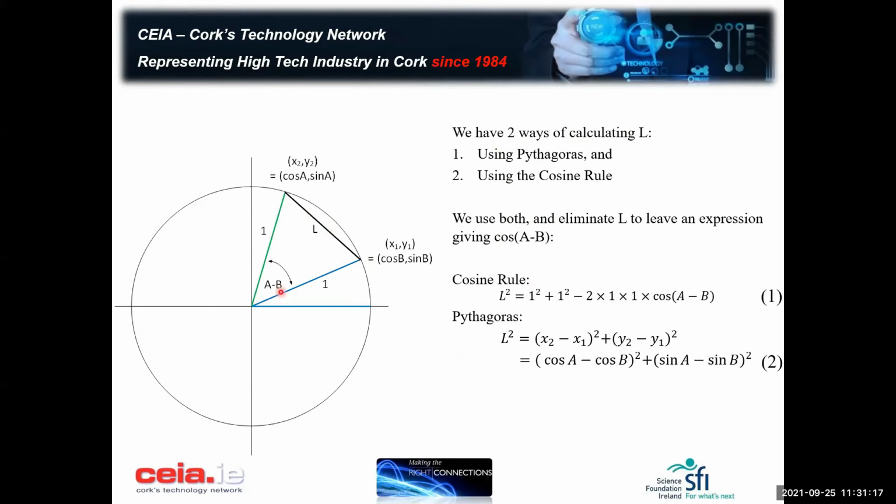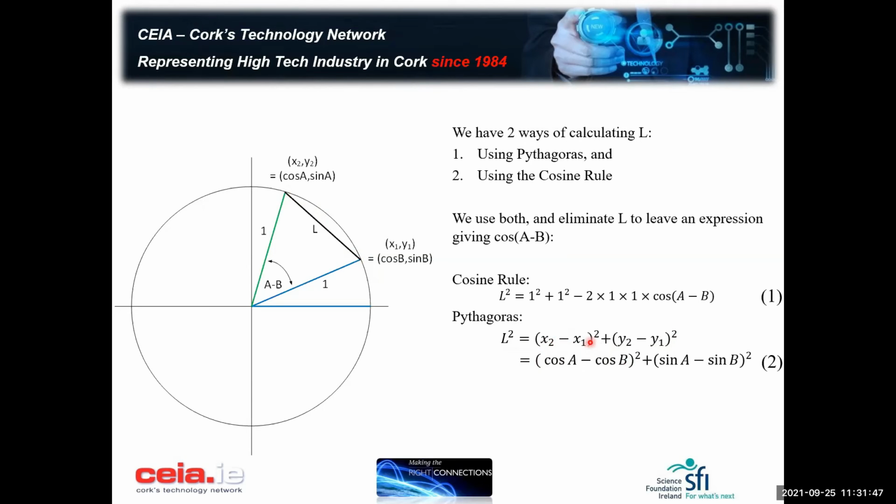The cosine rule for this triangle: L squared is equal to this one side squared plus another side squared, minus 2 times the sides multiplied times the cosine. For the Pythagoras formula from coordinate geometry, for the distance between those two points, it's x2 minus x1 squared plus y2 minus y1 squared.